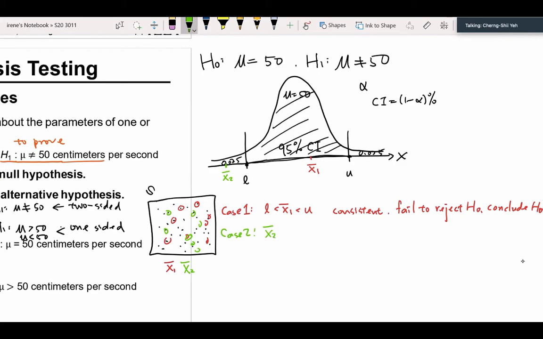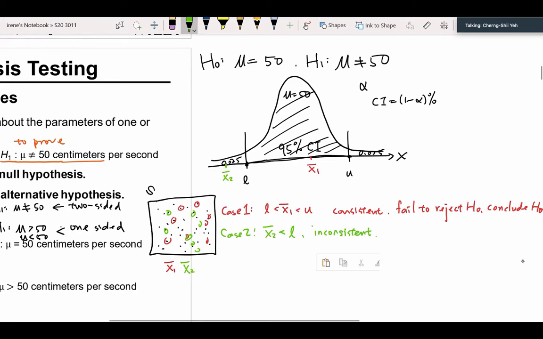My X2 is lower than my lower bound. In other words, my sample average is outside the confidence interval. So it is inconsistent with the confidence interval we've established in my H0.